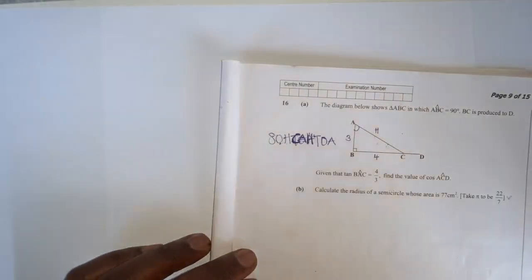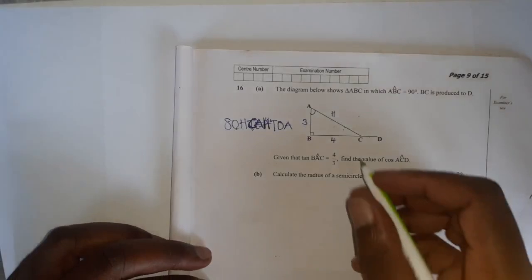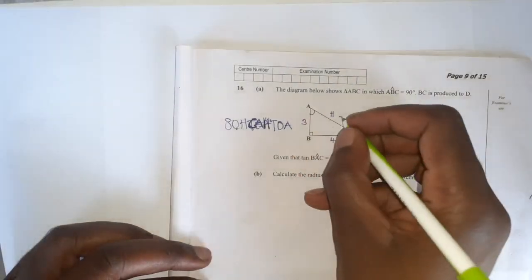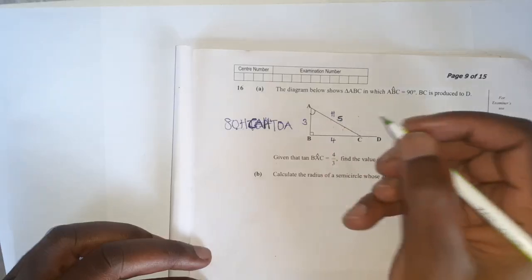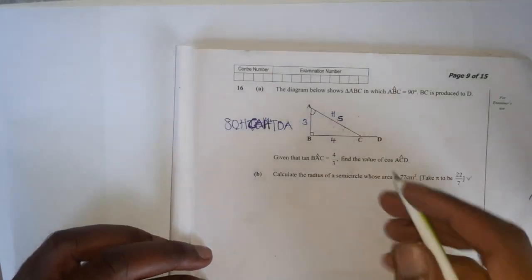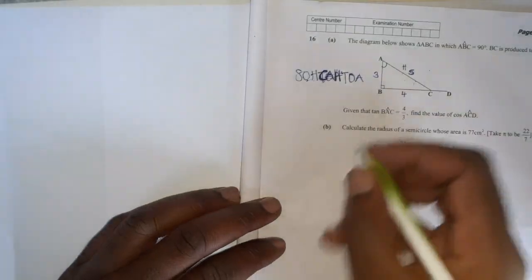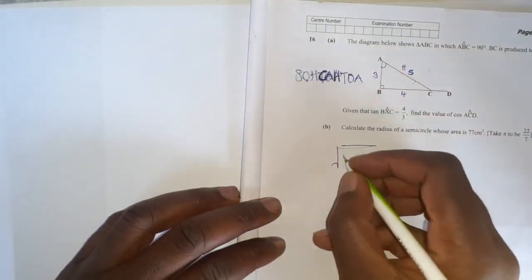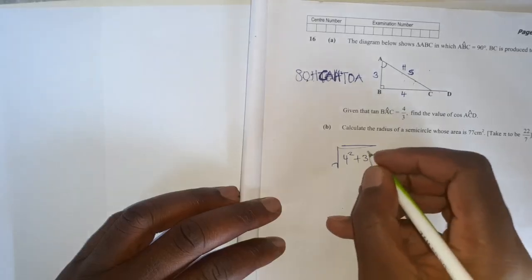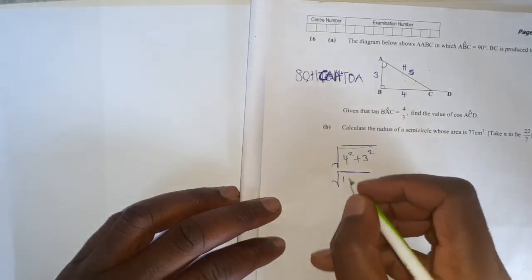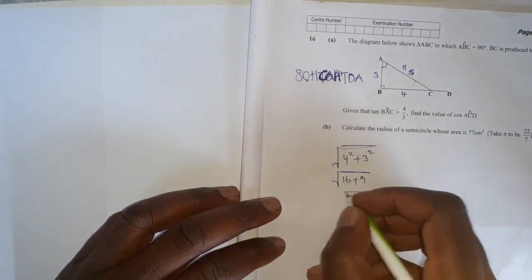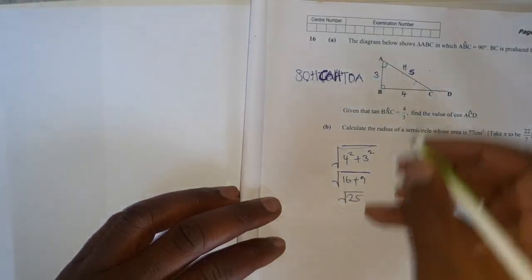Now, when we apply Pythagoras theorem, this is going to be 5. When we say 4 squared plus 3 squared, this is going to give us 16 plus 9, which will be 25. The square root of 25 is 5.